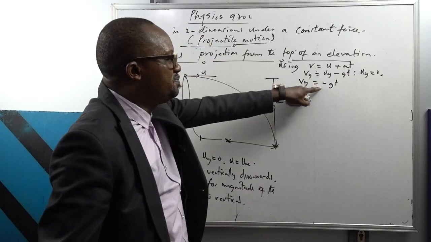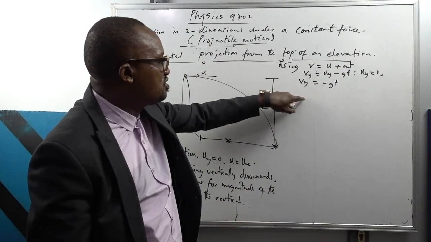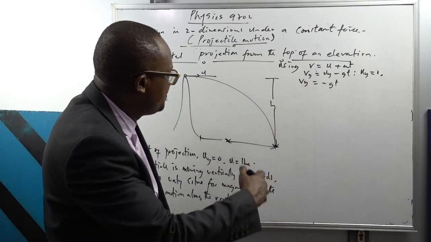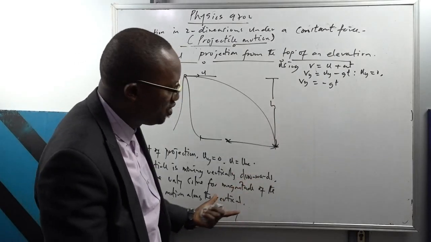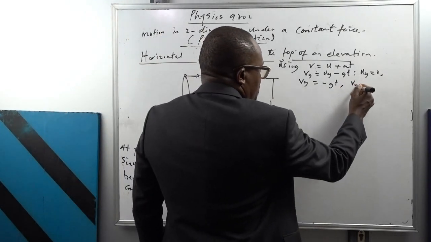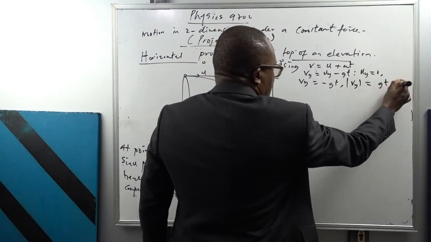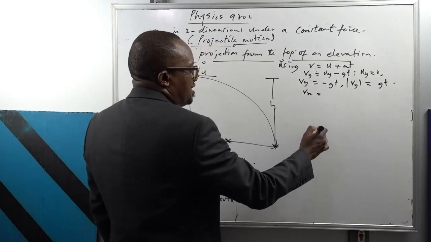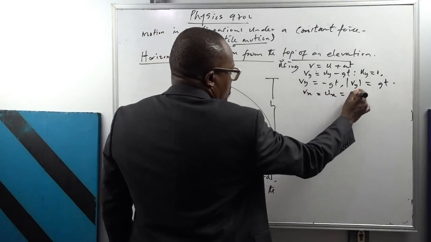This minus sign represents the direction of the vertical velocity, which is downwards, and we already know it, so we are not solving for direction. So the magnitude of the vertical velocity is equal to gt. The same thing for the horizontal, vx is equal to ux, and ux is u.